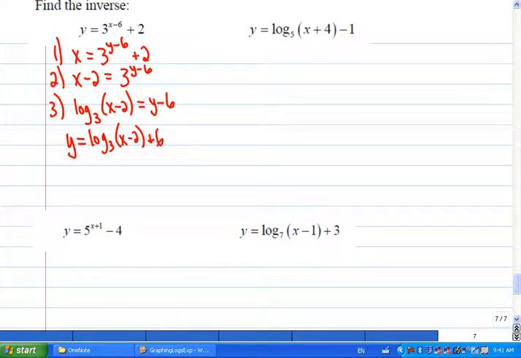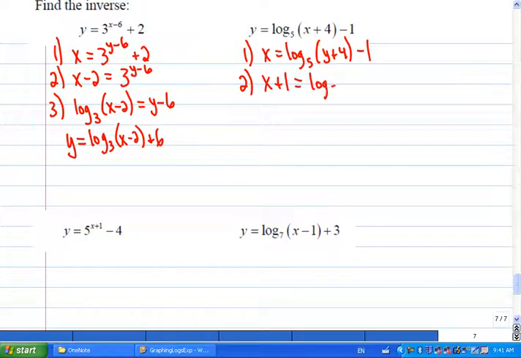Okay, so for the next example, I'll do the logarithm here, and that'll be x equals log base 5 of y plus 4 minus 1. Get the logarithm by itself so that I can rewrite as an exponent. And now I'll rewrite this in exponential form.